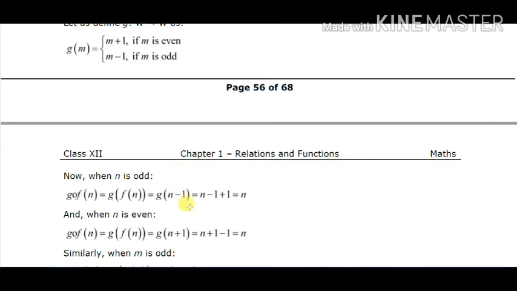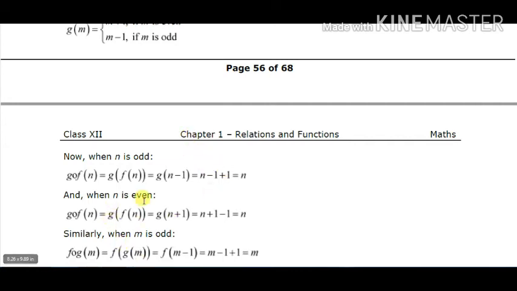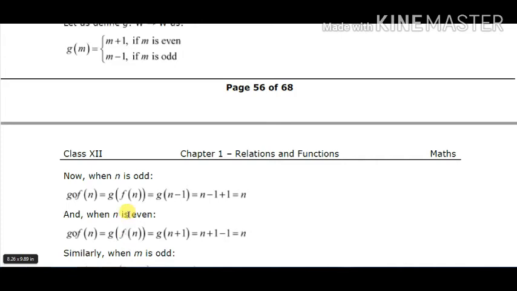So here in place of m, what you have is n minus 1. So we will put n minus 1 in place of m, so it becomes n minus 1 plus 1, that is n. And when n is even, g composition f of n will be g of f(n). n is even, so in the even case, what was f(n)? n plus 1.